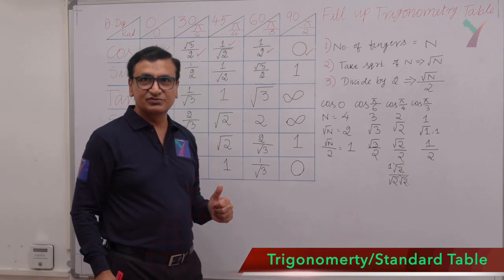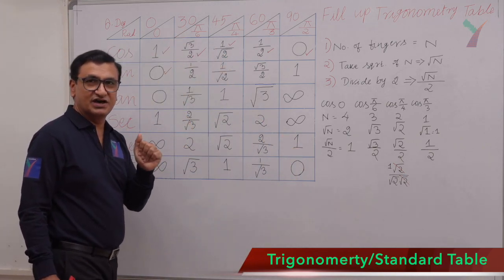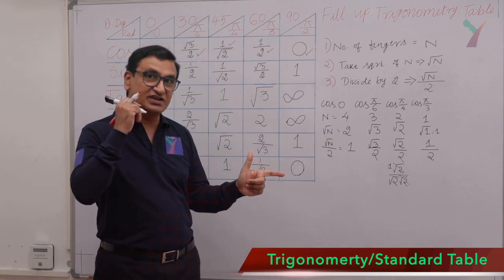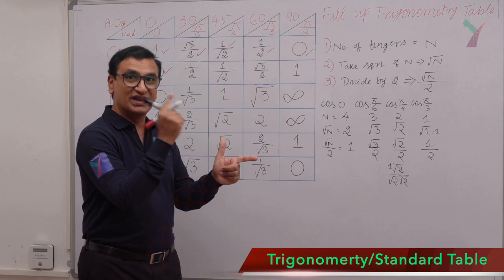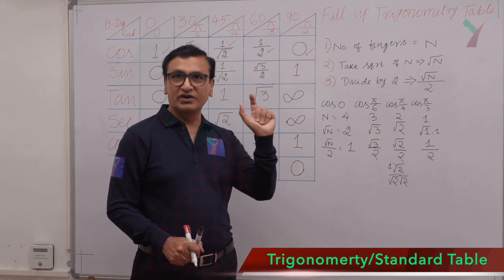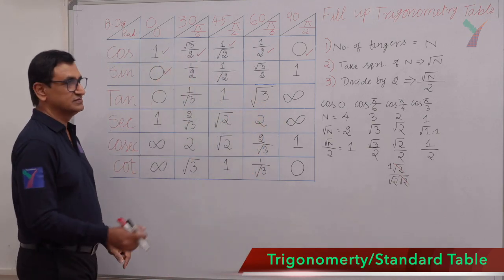Next, the place value holder for pi by 6 is your index finger. So extend the index finger and count the number of fingers open. It is 1, correct? So square root of 1 by 2 is 1 by 2.